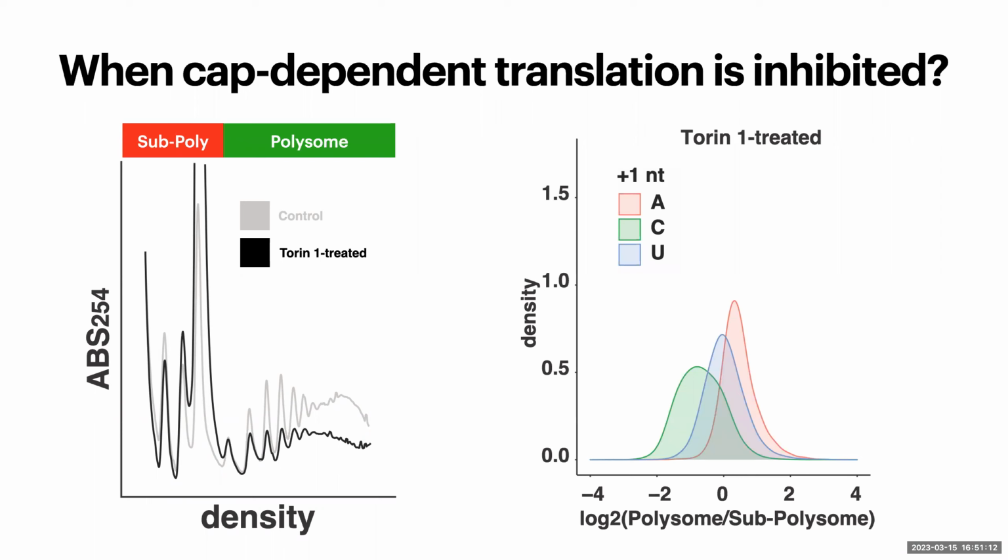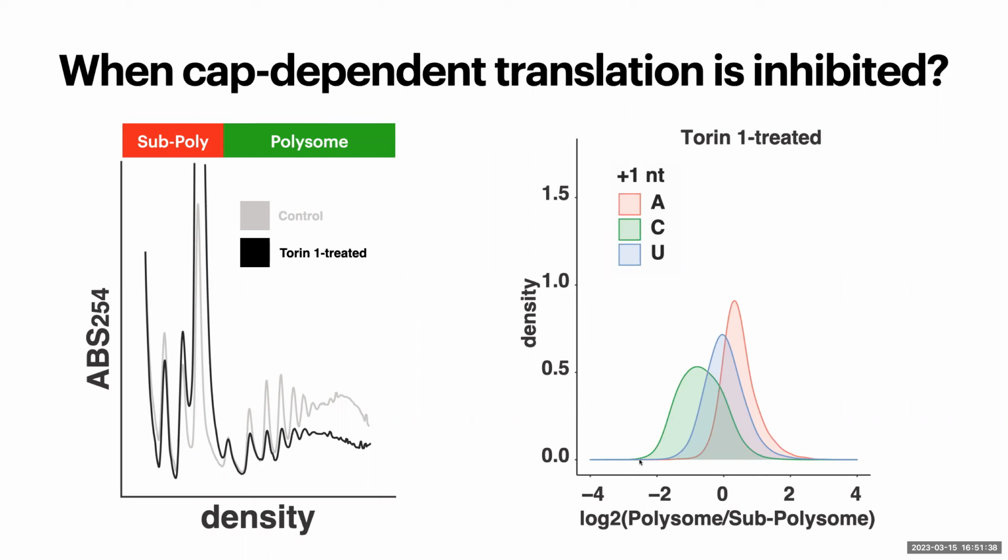When we looked at the changes in the translation of individual 5' sequences, we saw a really striking difference. Now all of the distributions are substantially more spread out. +1A mRNAs are relatively a little bit less repressed, whereas +1C mRNAs as a group are much more repressed, and the distribution is much, much broader.